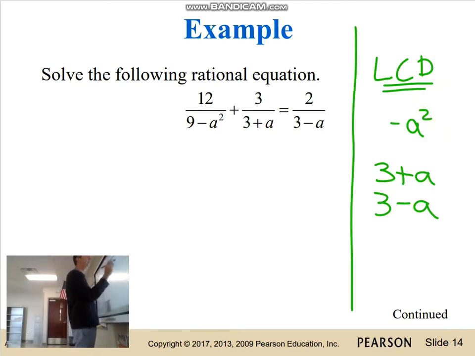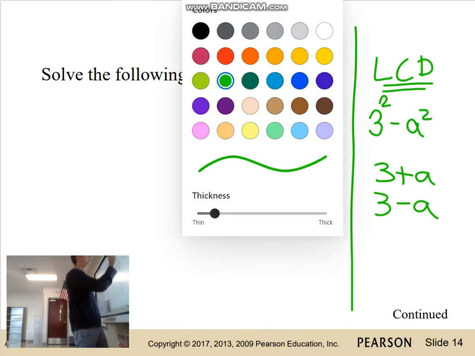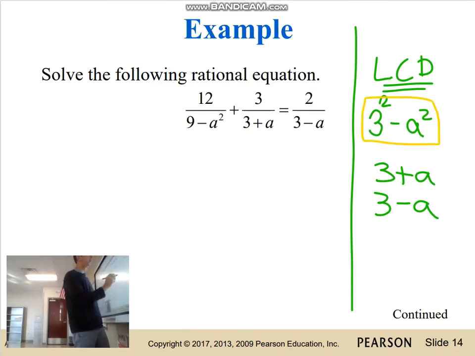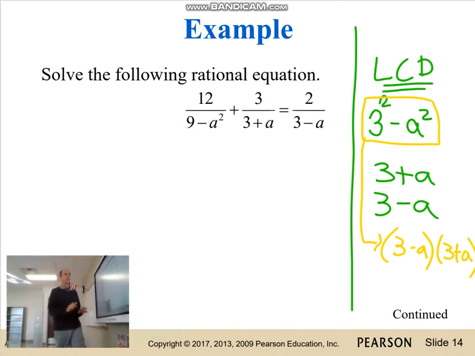We have seen this in section 5.7, and it's called difference of perfect squares, because you can write 9 as 3 squared, right? 3 squared minus a squared, and we can rewrite this expression as 3 minus a times 3 plus a. We can factor it out, right? Remember this? It's called difference of perfect squares.